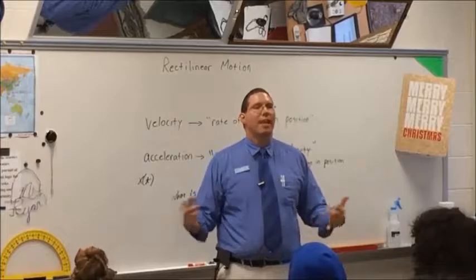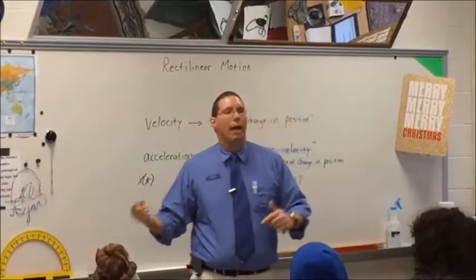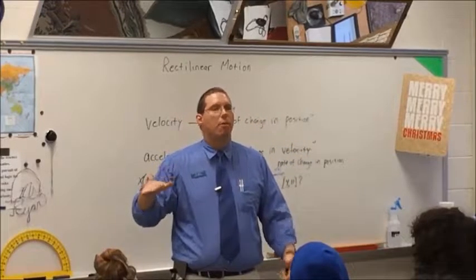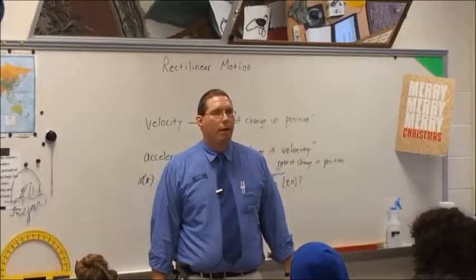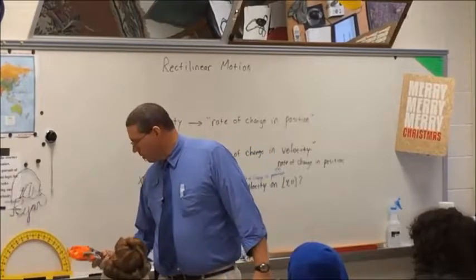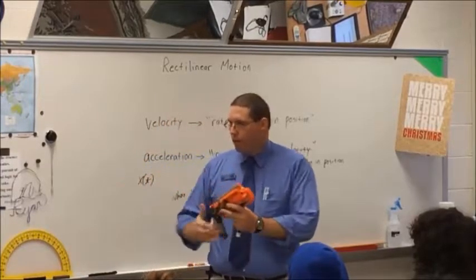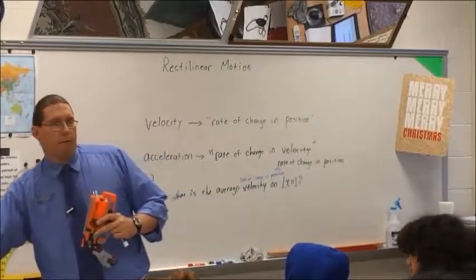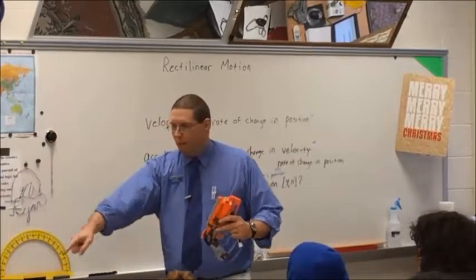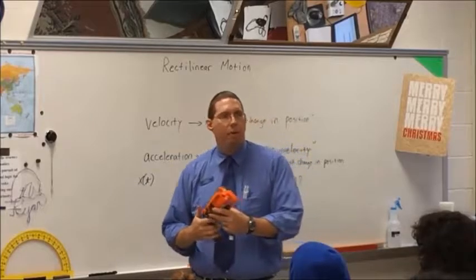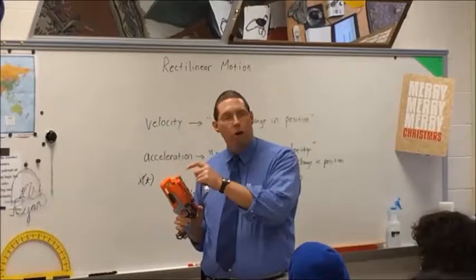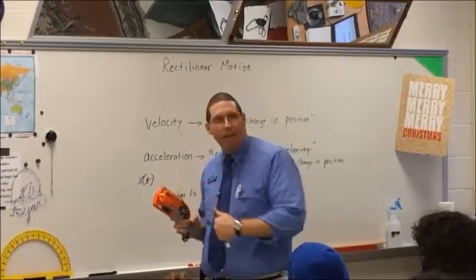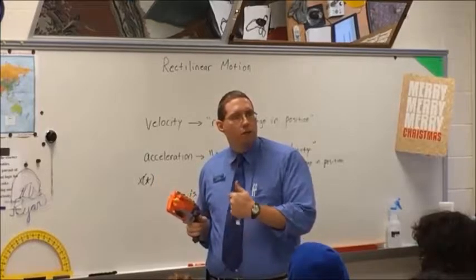A function telling you how far an object is from some origin point. Okay? So, let's say the origin point is right there, and we are right of that origin point. Right now we're about 8 feet right of that origin point. So the dart is starting off 8 feet to the right.